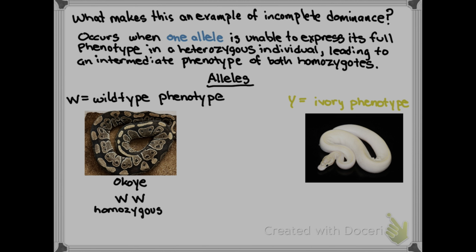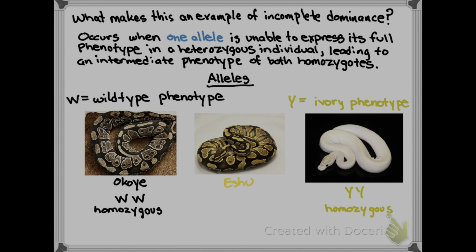I do not have an example of a homozygous Yellowbelly individual. Those are referred to as ivories. But those individuals are homozygous for the Yellowbelly allele. I do, however, have Eshu, who is an example of a heterozygous individual for the Yellowbelly allele.